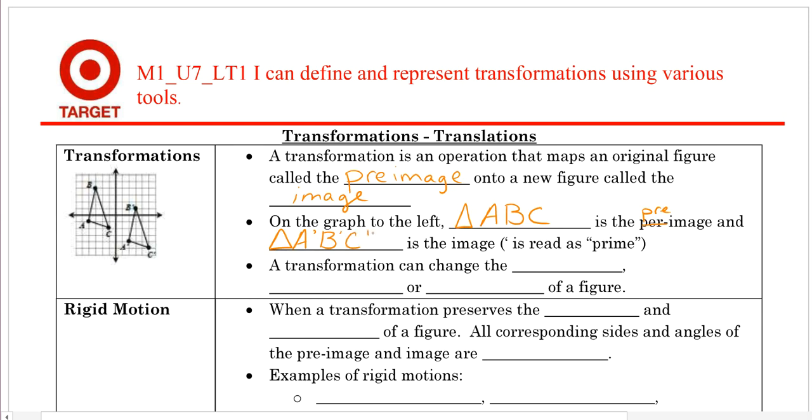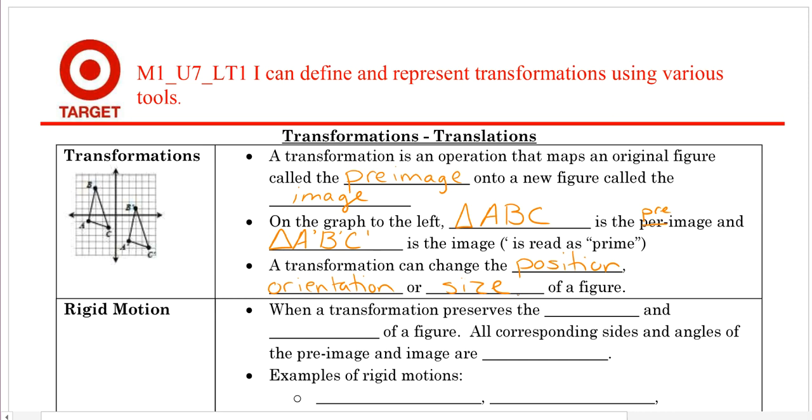That's read as triangle A prime, B prime, C prime, and that is our image of the pre-image ABC. A transformation can change the position, the orientation, or the size of a figure.